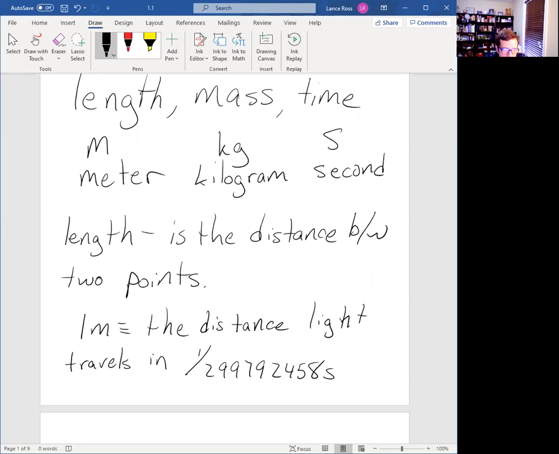Okay, and this is just based on what we know to be the speed of light with the old definition of a meter, right? To 9 significant figures. So now the meter is just defined based on that.